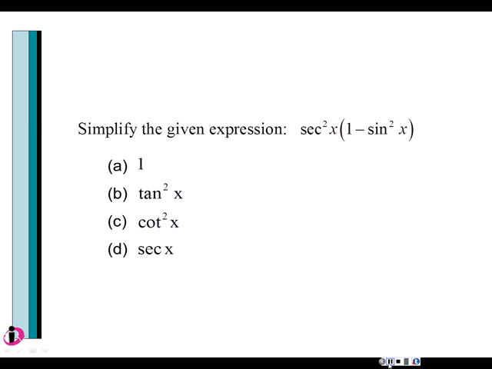From there, you can always write 1 minus sine square x equals cos square x, or 1 minus cos square x equals sine square x. That's why we just directly wrote 1 minus sine square x equals cos square x. So the right answer is A here. Any question?